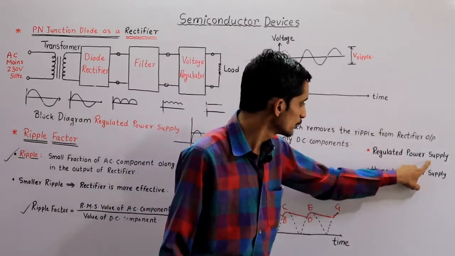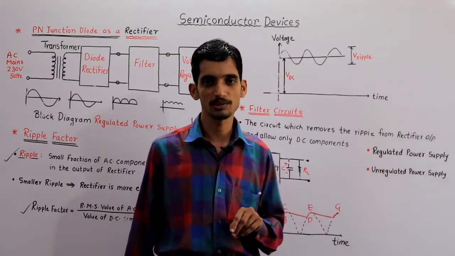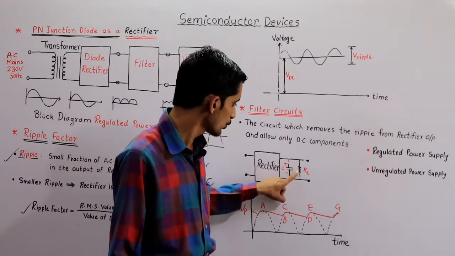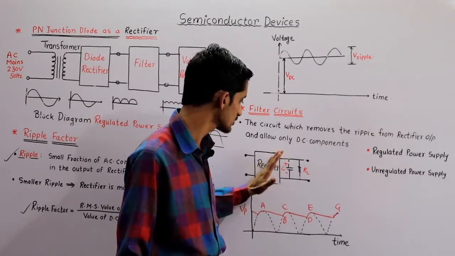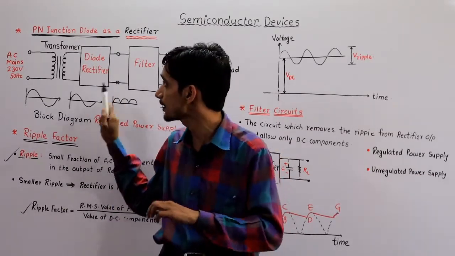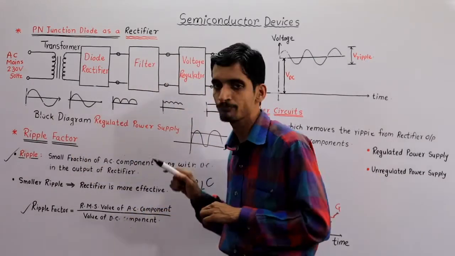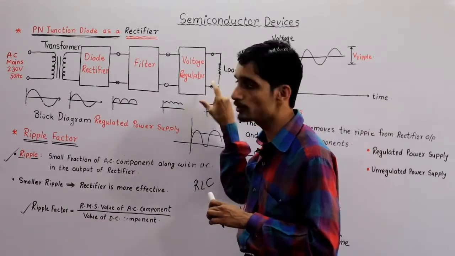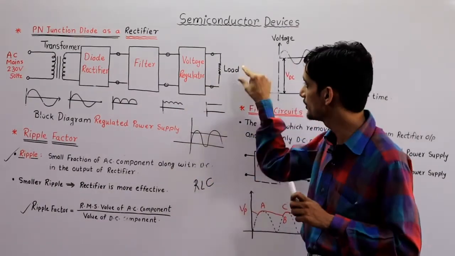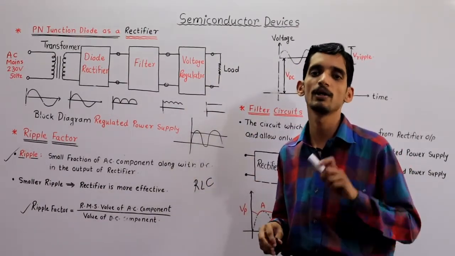Now, regulated power supply and unregulated power supply. Suppose this is a load. Suppose this circuit is designed for a 5 volt power supply. If I change the load and my output also changes, then it is an unregulated power supply.